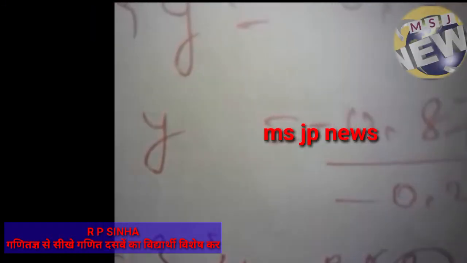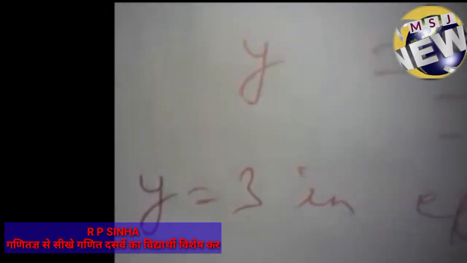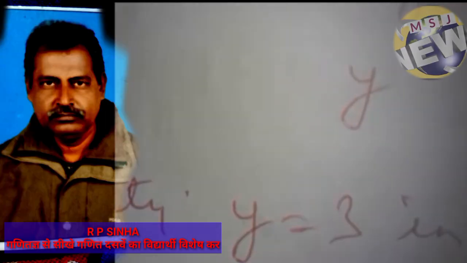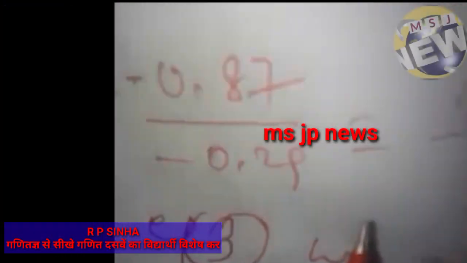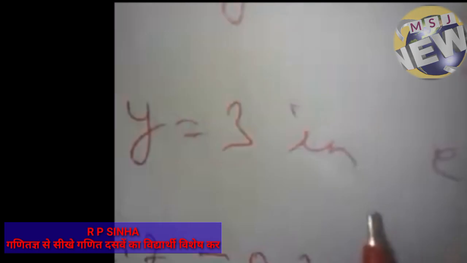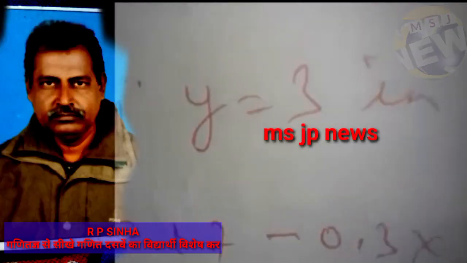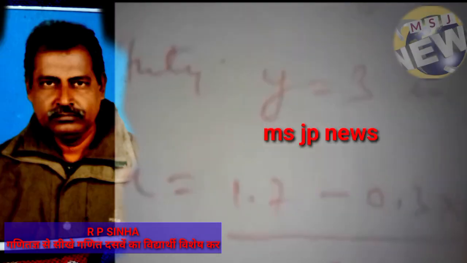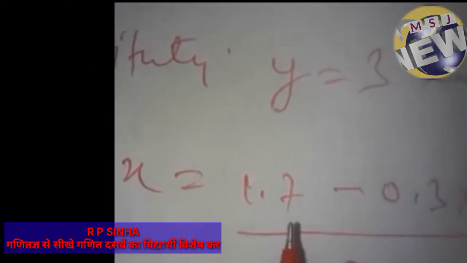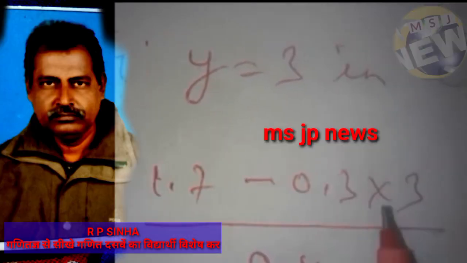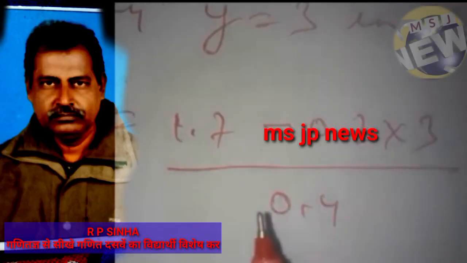Now this value 3 will be substituted in equation number 3. We have obtained y is equal to 3, and putting y equal to 3 in equation number 3, we get x equal to 1.7 minus 0.3 into 3 divided by 0.4.